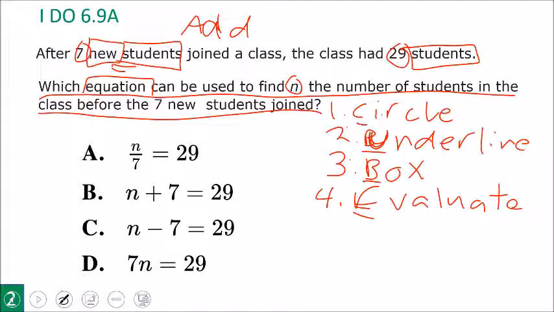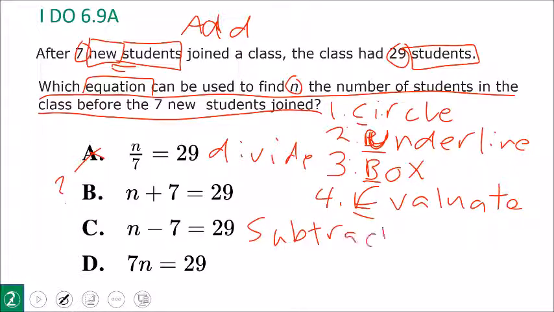This is division. So since that's divide, it's trash. Throw it away. There's add on B, so we're going to make a question mark on that one. And then n take away 7. Since they're adding students, that's subtract.